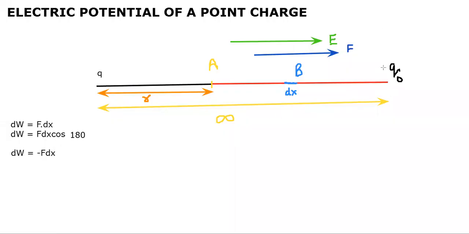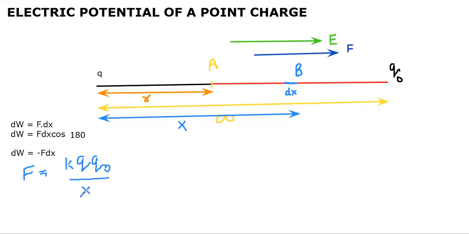Now as you know, this charge Q naught is at point B, so let me mark this distance, let the distance of Q naught to B be x. So the force between these two, Q and Q naught, when it is placed at B, the value of force would be, by Coulomb's law, K Q Q naught by x square.